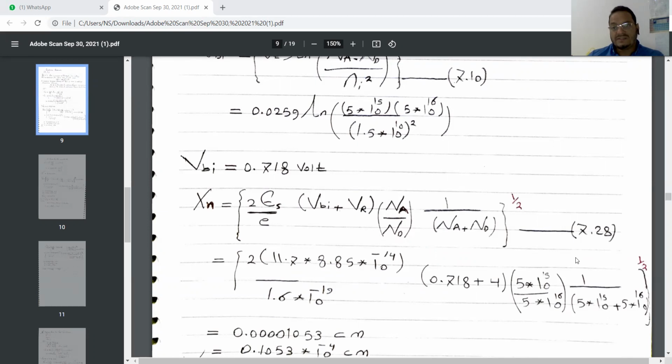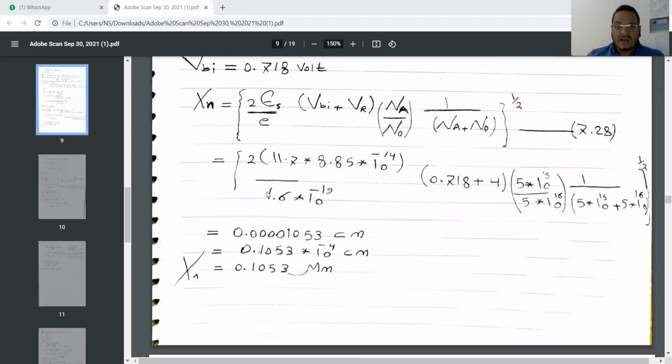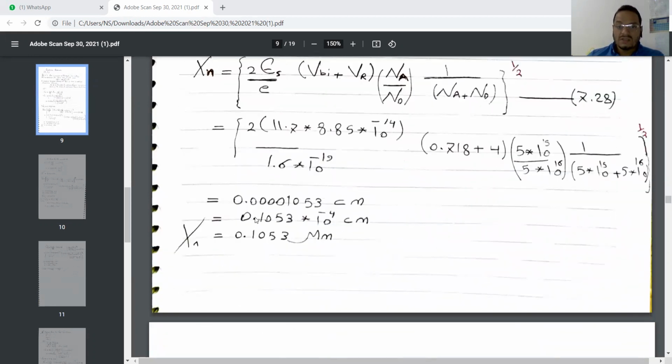We explained this equation and how we could derive it in the last lectures. Let's keep going, and the last result will be 1.053 × 10^-4, but the units we used are centimeters. To change it to micrometers, we just multiply by 10^4 to get the result like that.